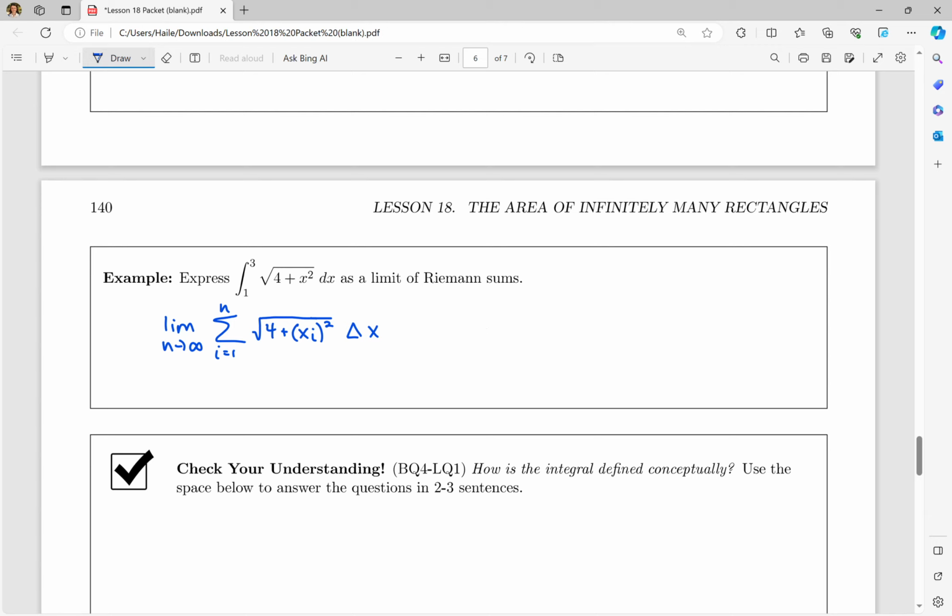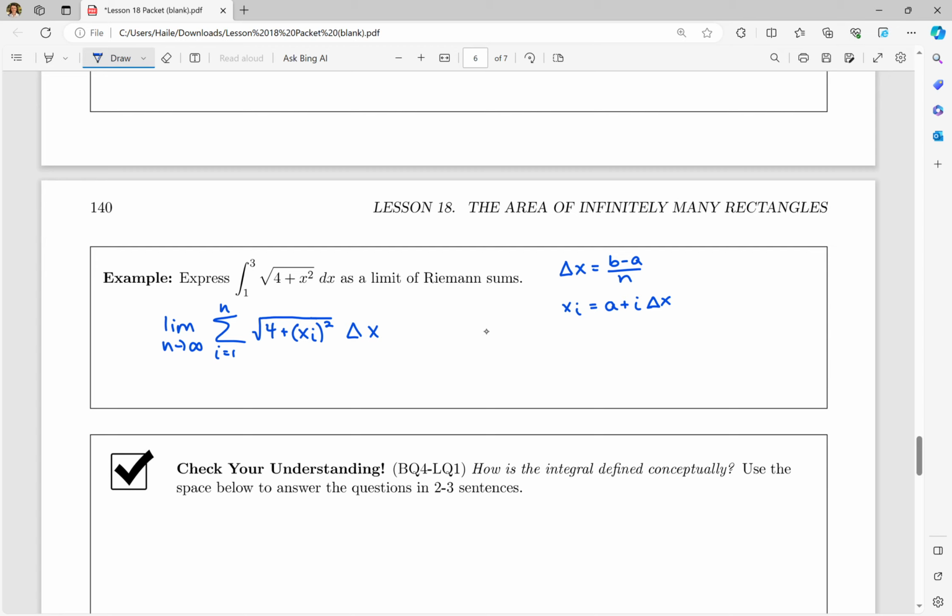Okay, now remember in our definition we had a couple of things. We had that delta x is b minus a over n, and we also had that x sub i is equal to a plus i times delta x. So we need to find both of these quantities as much as we can, plug them in, and then we'll have our limit.